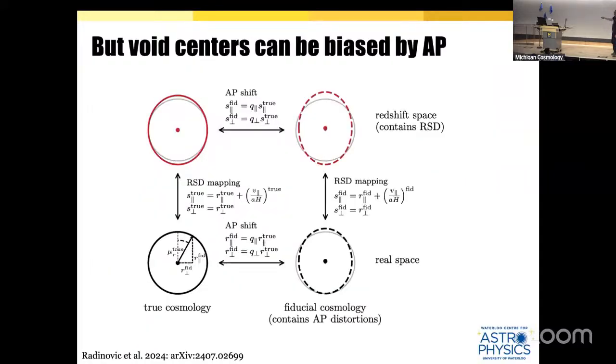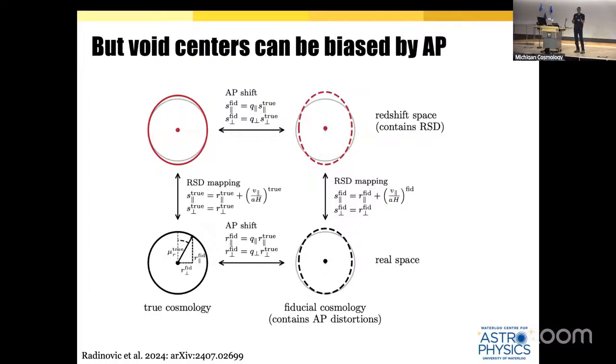But it was recently realized, in a 2024 paper by a PhD student, that the Alcock-Paczynski effect is similar, and in fact even slightly more complicated: if you do the cosmology wrong, then find the voids, do one of these spherical void finders, you have this bias on the actual Alcock-Paczynski effect when you find those voids.